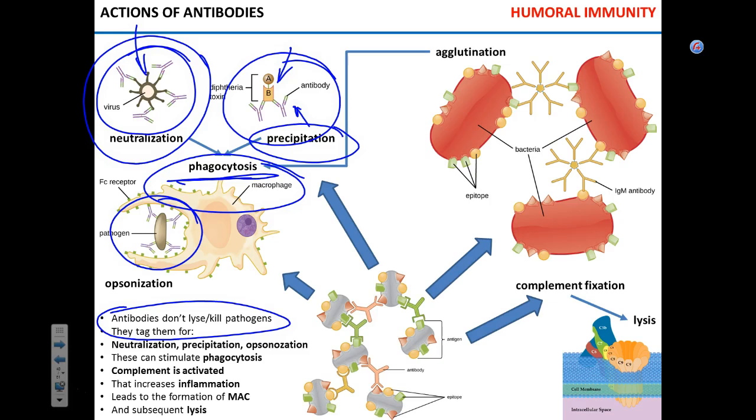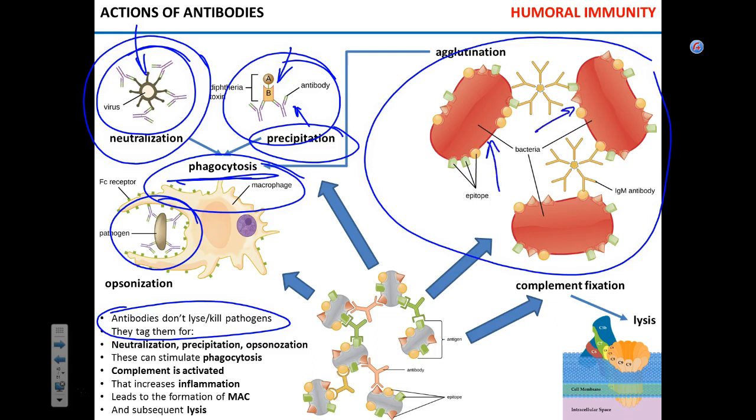Okay? And then bacteria can agglutinate. IgMs are fantastic at that. So here you see bacterial cells being clumped together by IgMs.